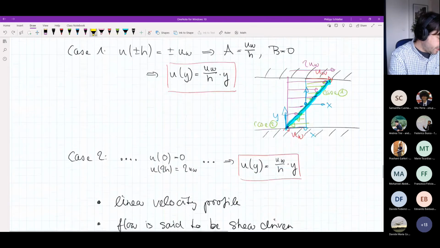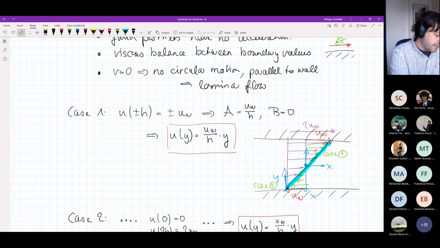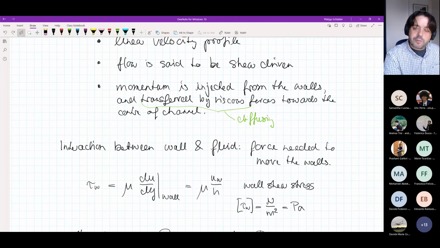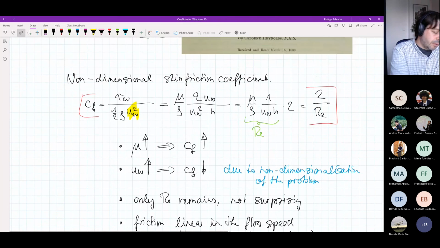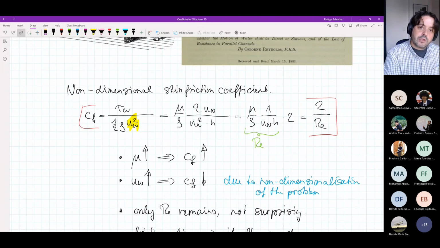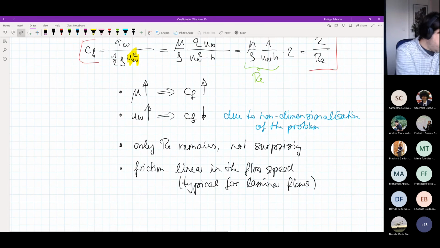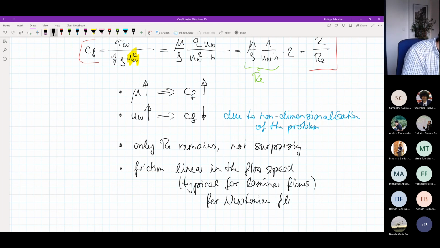Then your shear stress would also be different, maybe with a nonlinear relation. So at the end of the day, this linearity that I was just mentioning is for Newtonian fluids. For non-Newtonian fluids, it would really look very different.